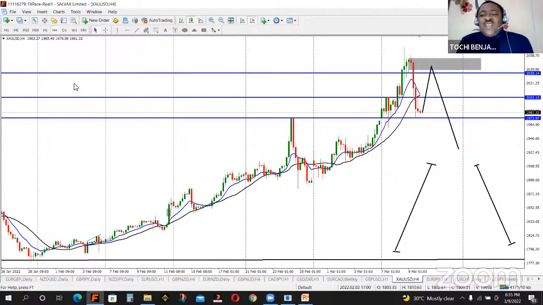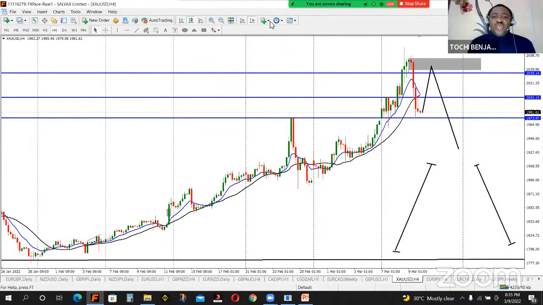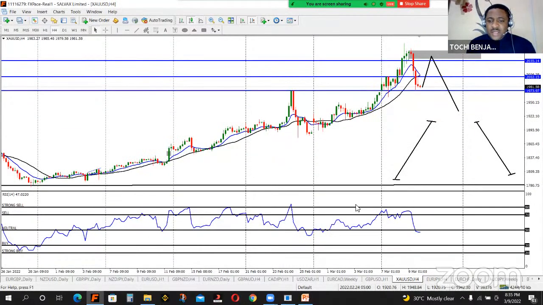By the time you identify a swing, the next thing is that you pull your Fibonacci, by the time that swing has been exhausted, to trade the reversal. That is what we are saying. You pull your Fibonacci to trade the reversal.